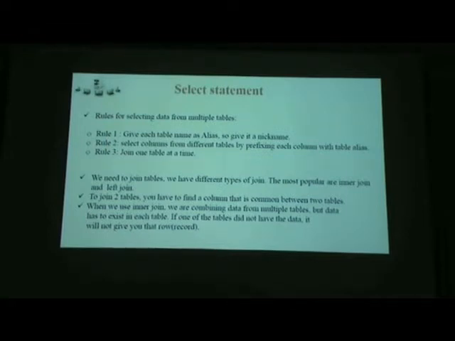Rule 1, give each table an alias. So give it a nickname. For each table you have, like student, you can give it S. Courses, you can give it C. Enrollment, you can give it E. If there are two tables with the same first letter, like dorms, you give it D. If you have dorm student, like students who live on campus in that particular dorm, you can give it DS, because there are some students who live off campus, for example.